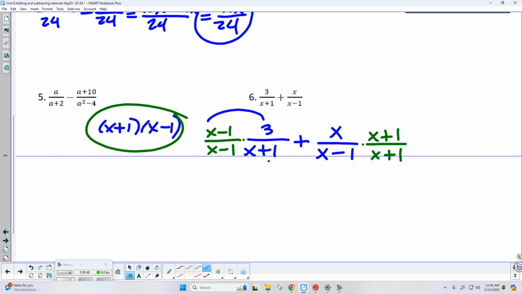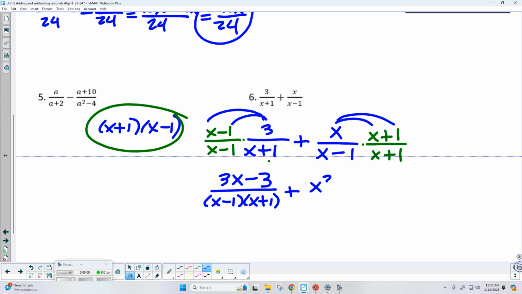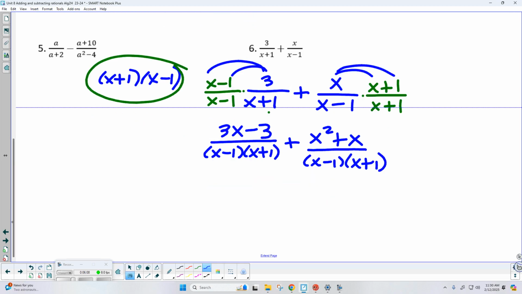Okay, so now we are going to go ahead and distribute. So this would be 3x minus 3 over x minus 1, x plus 1, plus, then we'll distribute here, x squared plus x over x minus 1, x plus 1. Now, that's what we're striving towards the entire problem.